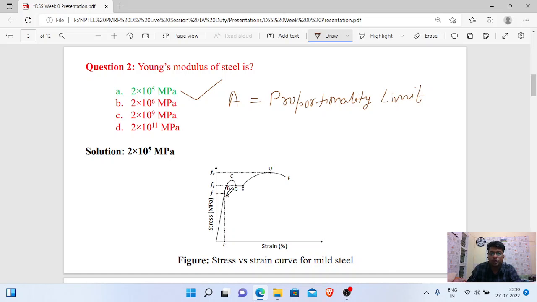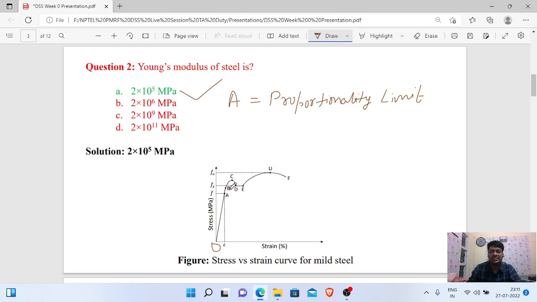Up to point A it will follow Hooke's law, and from Hooke's law we know that stress is proportional to strain. Let us call the starting point O. So from point O to A, stress is proportional to strain, and the material is following Hooke's law.